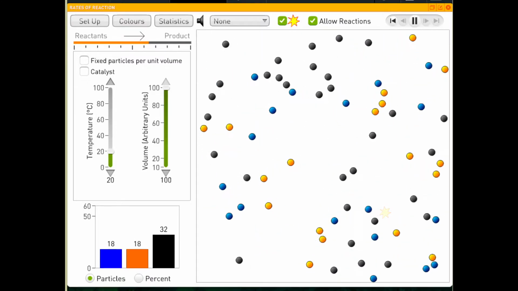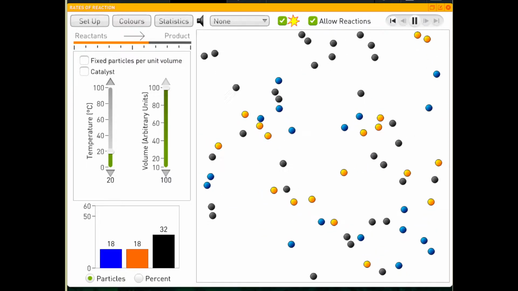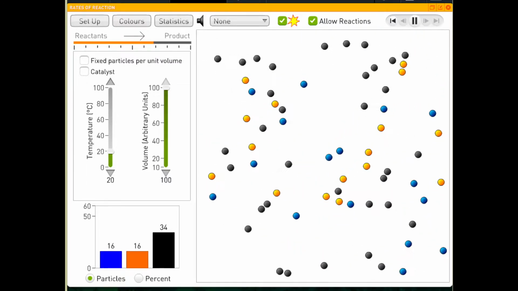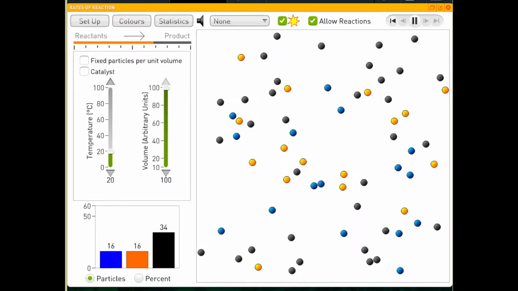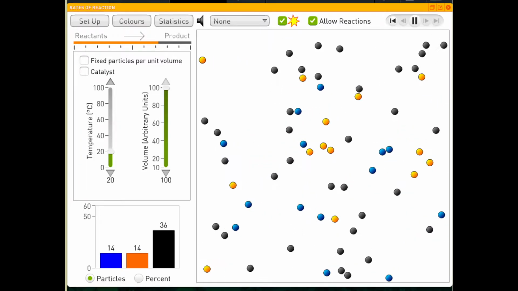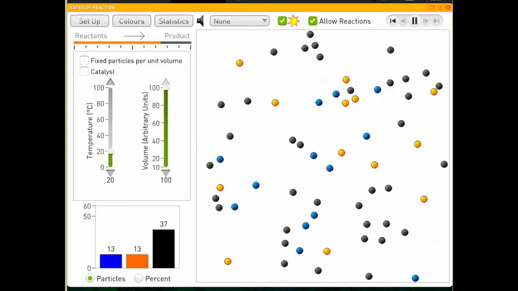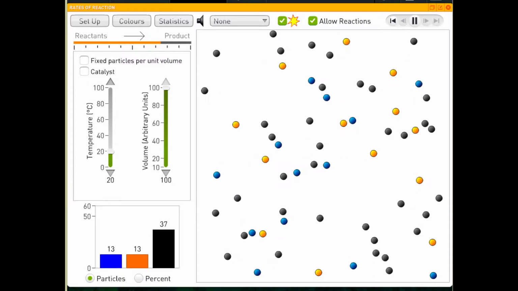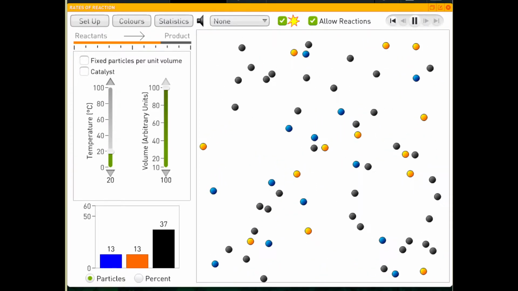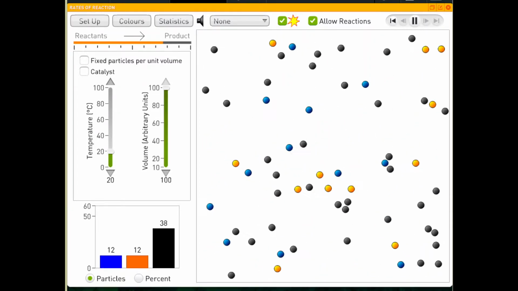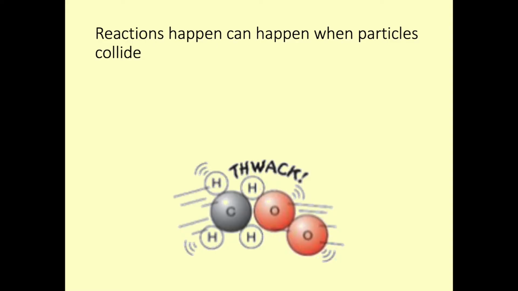So collision theory stems from the idea that we need collisions in order for a reaction to take place. But it's also showing us that there's more to it than just them colliding together, because the collisions don't always result in a reaction. So reactions can happen when particles collide.